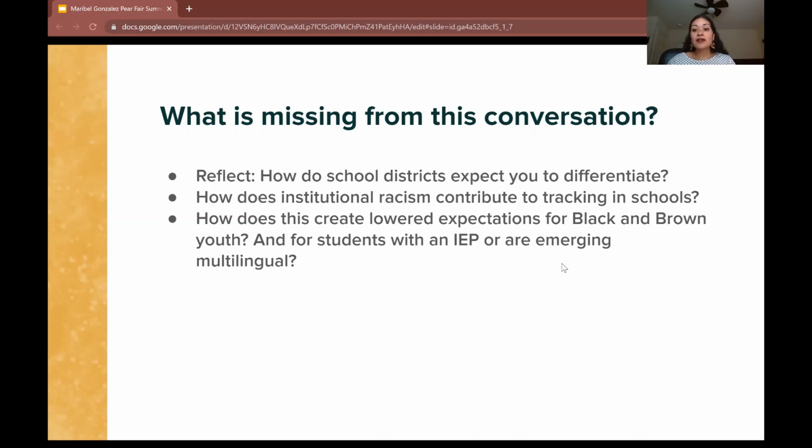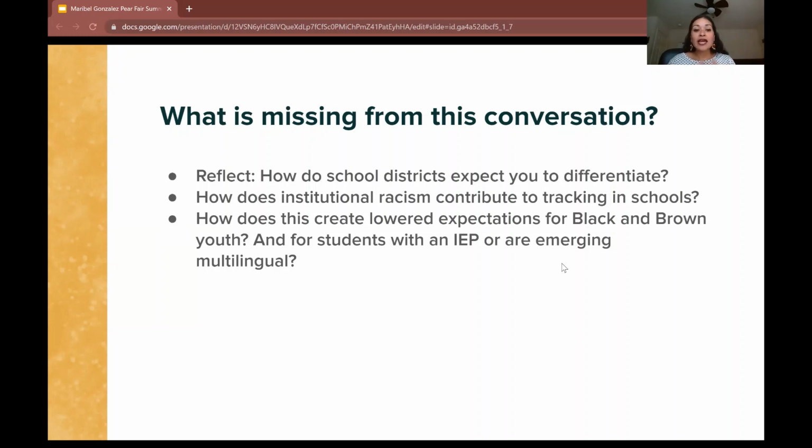Tracking, as in advanced learners, gifted and talented, highly capable. We're also talking about special education programs and English language learning programs, right? So how does institutional racism contribute to this kind of segregated learning in schools?